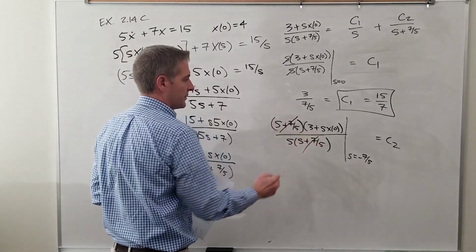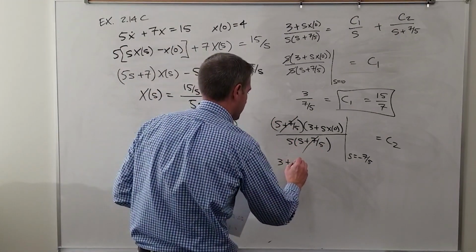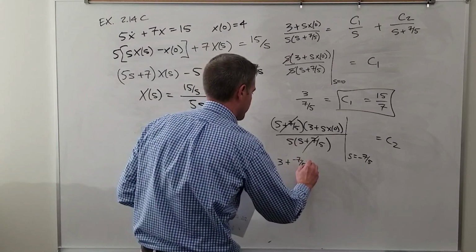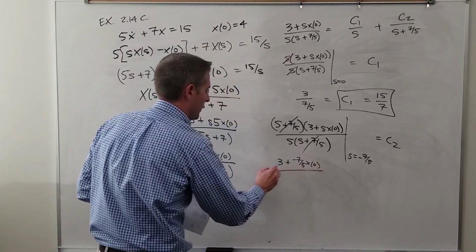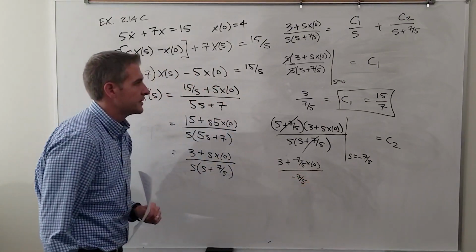These two terms are going to be canceled off, and so I'm left with (3 plus minus 7/5 x0) all over minus 7/5.